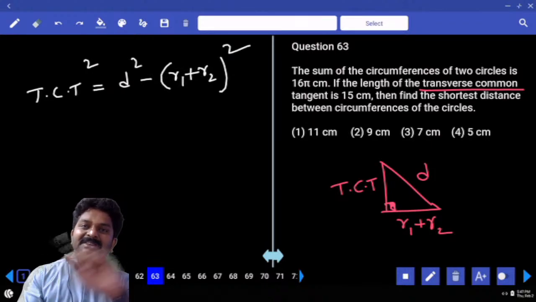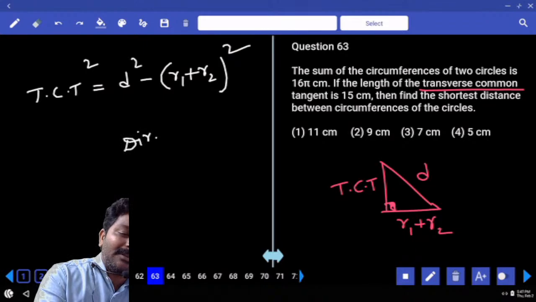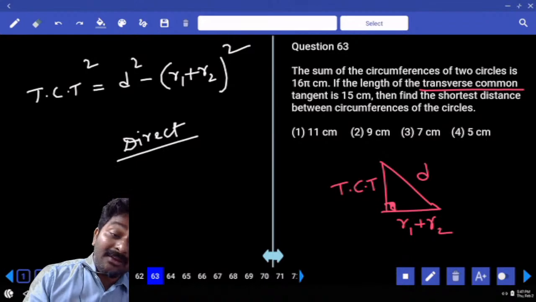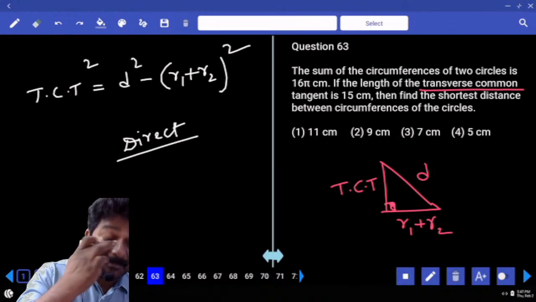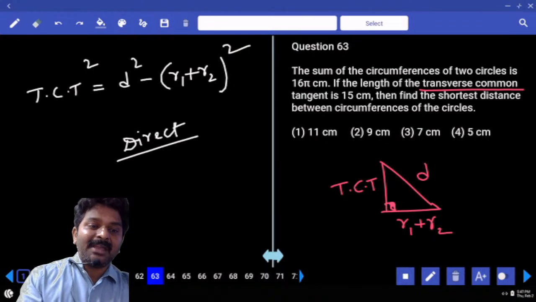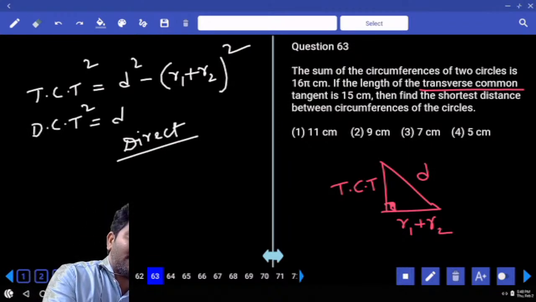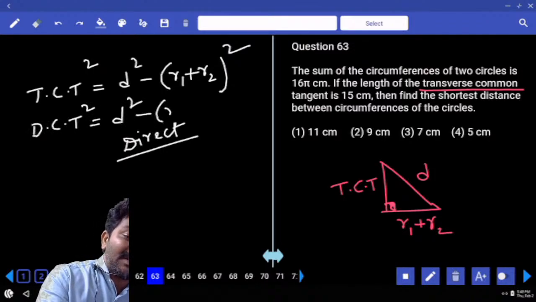The same I represented in a triangle form, right angle. The reason is, now you have one more thing, which is the direct common tangent. Can you tell me what is the direct common tangent formula? D square minus (r1 minus r2) whole square. Direct common tangent square is equal to d square, where d stands for distance between centers, minus (r1 minus r2) whole square.